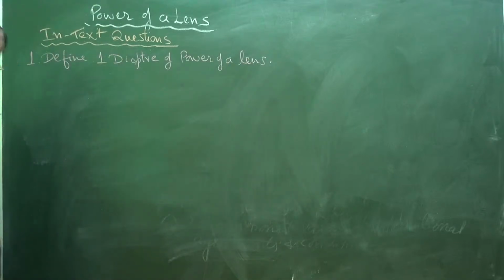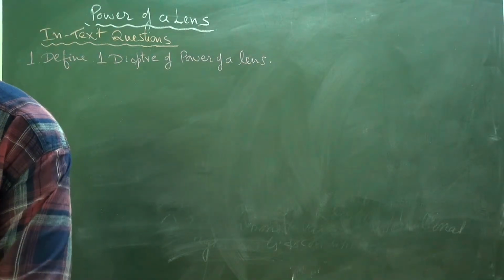So he is telling you to define 1 diopter of power of a lens.